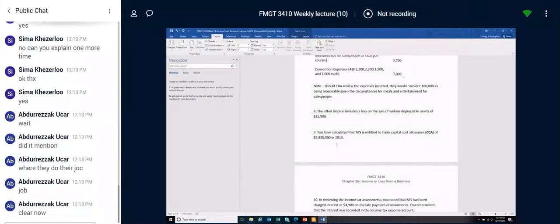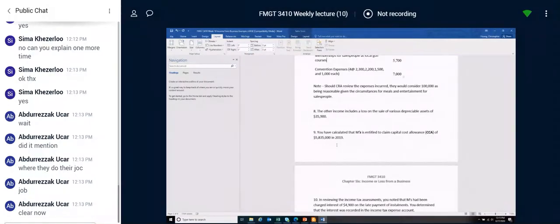Basically, 39.1 is the provision that defines what is a capital gain and what is a capital loss. So accounting gains or losses are not recognized pursuant to 39.1.